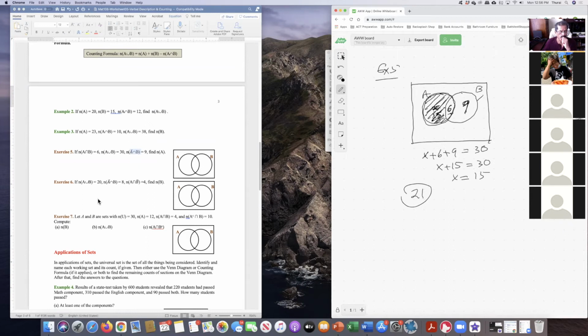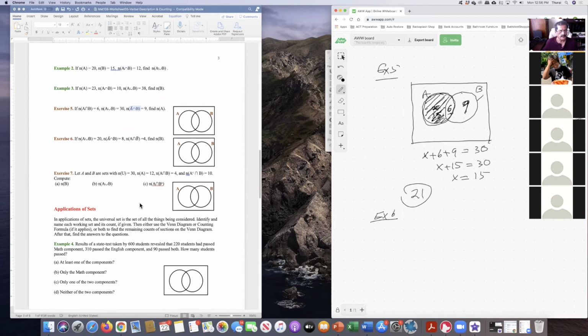It's 16. 16 is right. Very good. Okay. Anybody needs my explanation or everybody got it? Everyone got it? Okay, moving on to exercise 7. I want you to do that too.